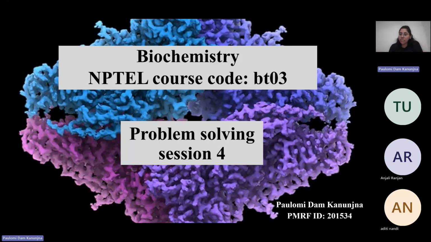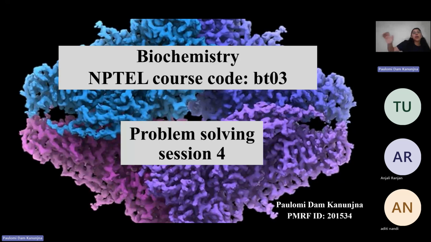Lipids I haven't covered in today's session. We can do that next week because we have more topics on lipids for week 5. So today we'll do the remaining portion of enzyme kinetics, and then we will do carbohydrates, which we have already done in the first introductory class, but we'll do it once again in a proper and more detailed way.